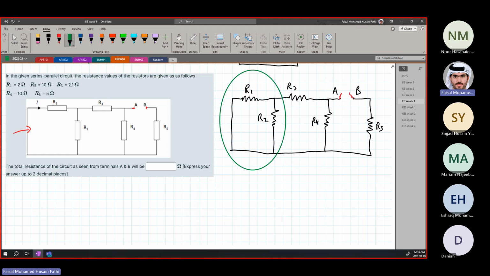Mariam, are these in series or in parallel? Think about it. Are they in series or are they in parallel? Again, remember what was the rule I told you? How many ways are these connected?